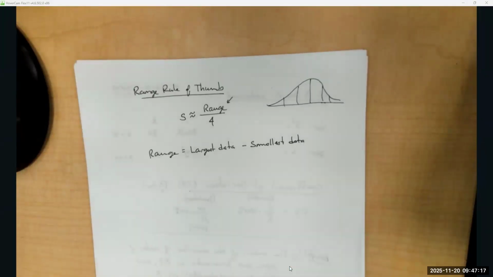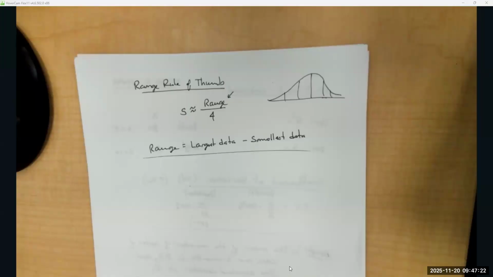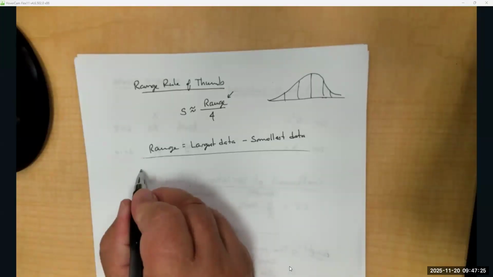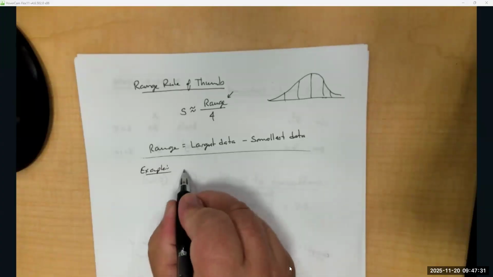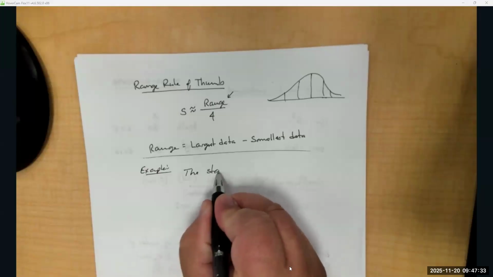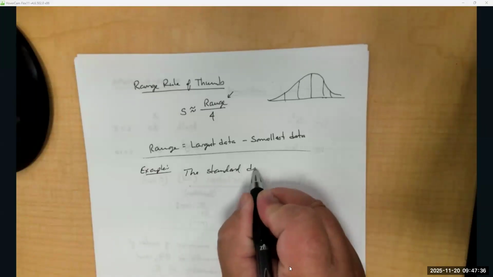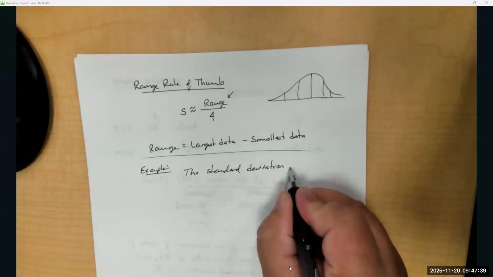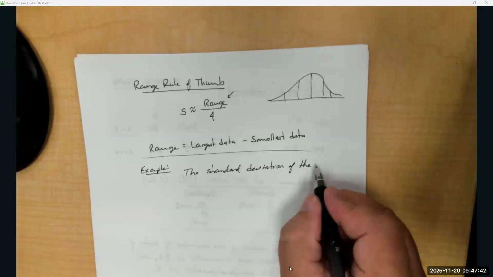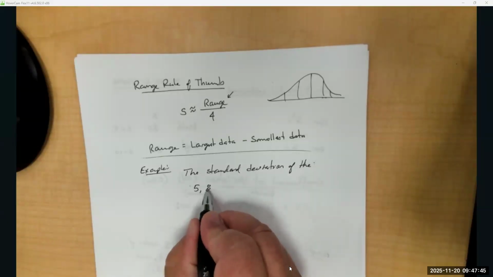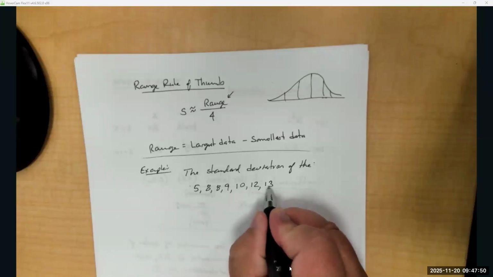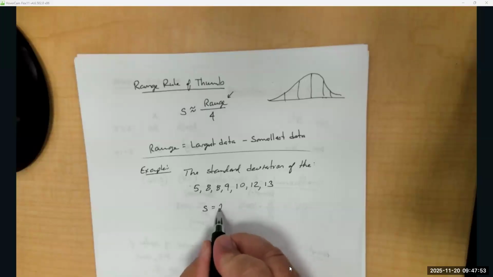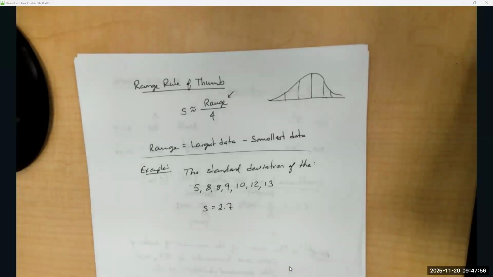Right. We'll have an example here. The standard deviation of this data set is 2.7.